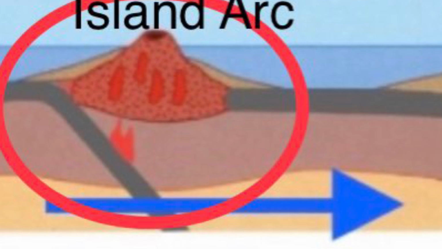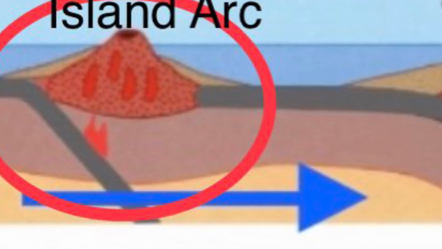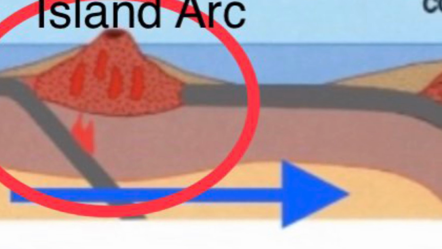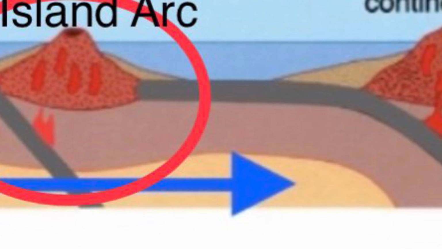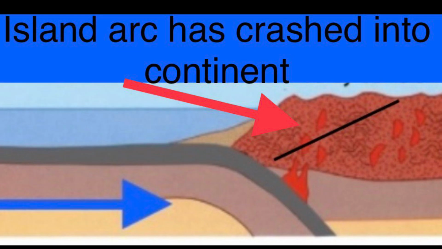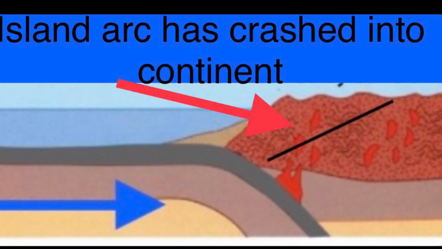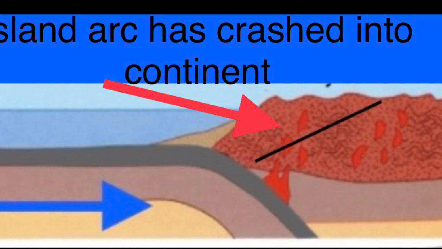But that's not all that happens, because out in the ocean, quite often an ocean crust will break and one piece of ocean crust will subduct beneath another, creating an island arc, an arc of volcanic islands, a volcanic island chain. This volcanic island chain approaches the mainland and eventually is welded onto it, further increasing the size of the continent.